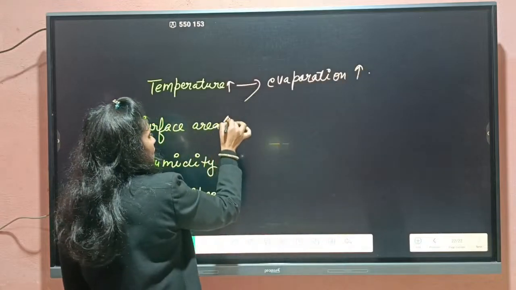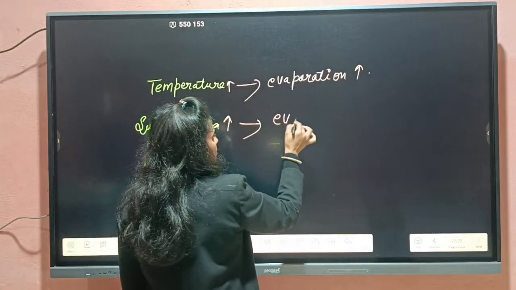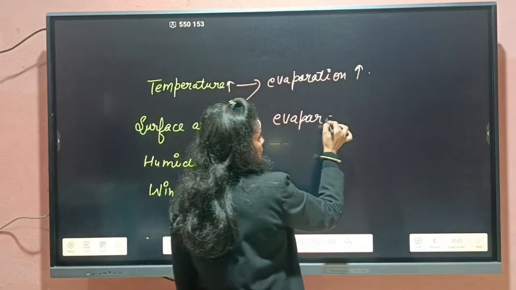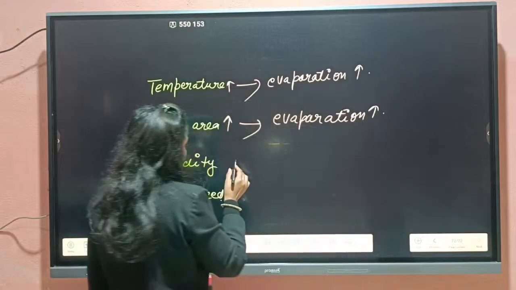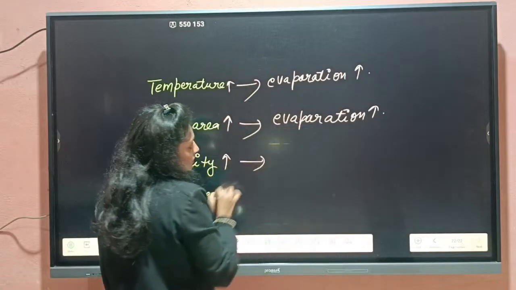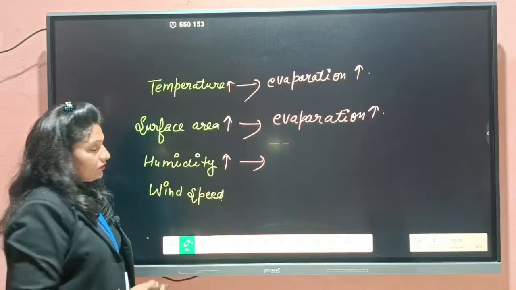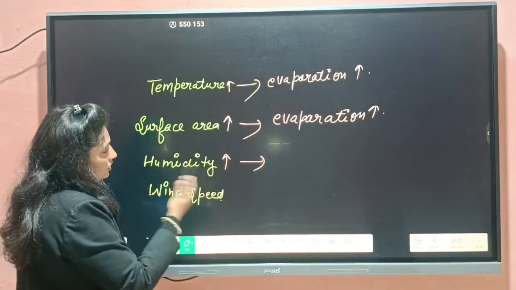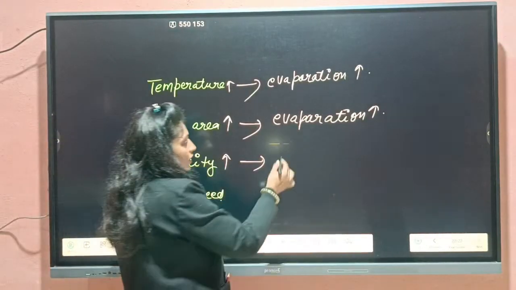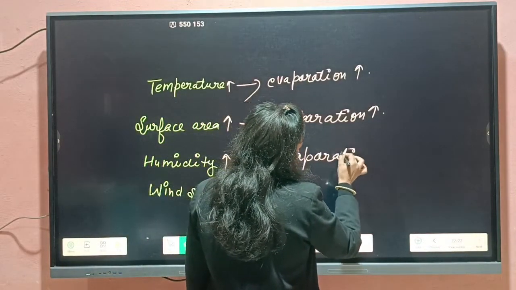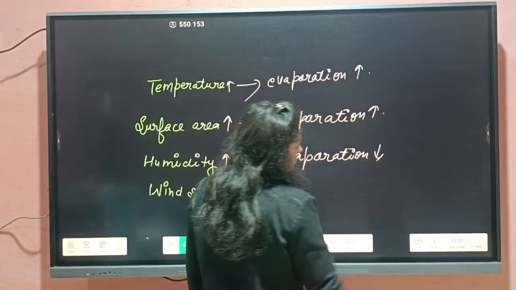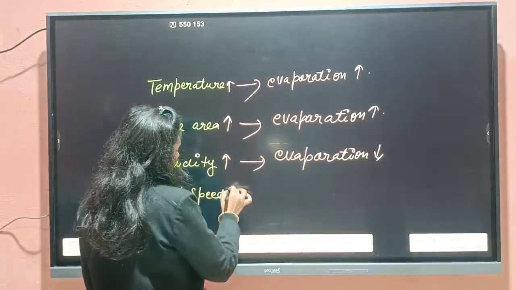If surface area increases, then also evaporation increases. And if humidity increases, because water molecules already increase in our atmosphere, the evaporation process will further decrease here.